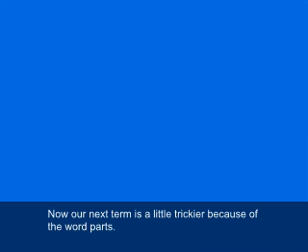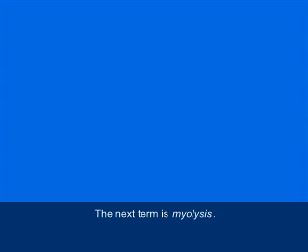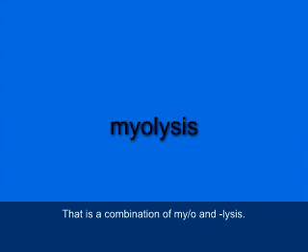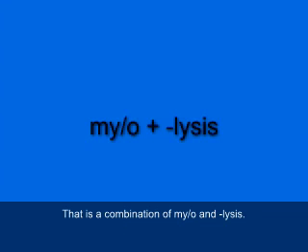Now our next term is a little trickier because of the word parts. The next term is myolysis. That's a combination of myo, MYO, and lysis, LYSIS.